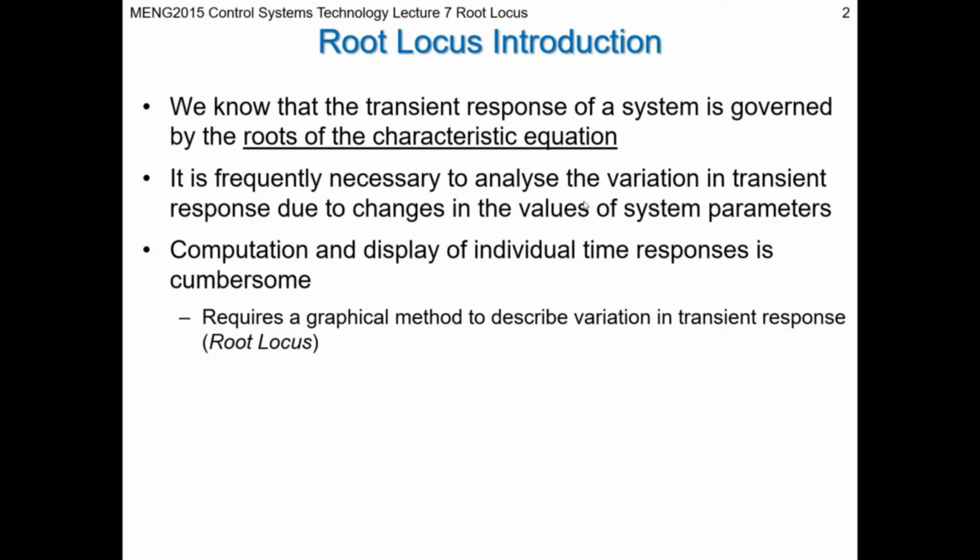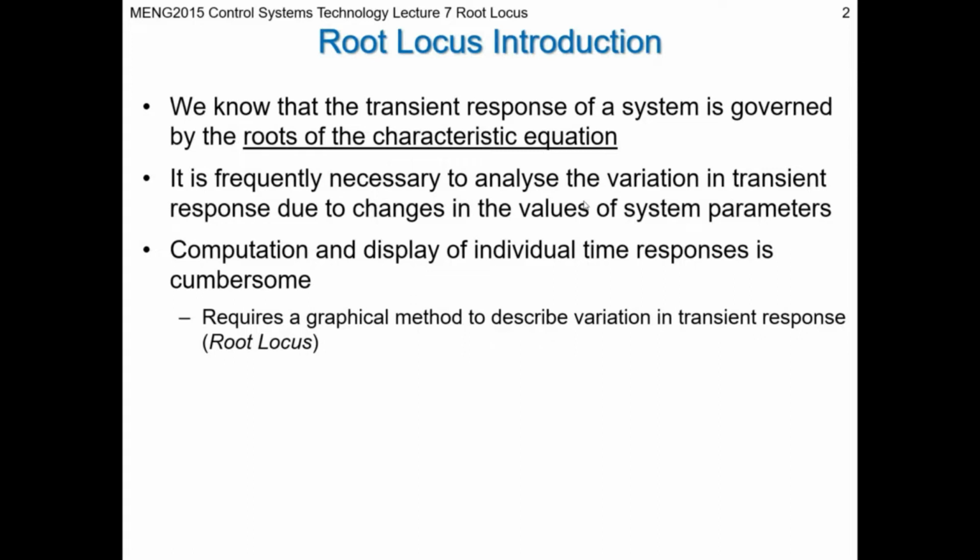Computation and display of individual time responses is cumbersome. If you say, okay, I want to try 3 different values of gain, just using a proportional gain in my system, and I want to plot the time response of each value. I want to find out what's the rise time, what's the peak overshoot, what's the time to that peak overshoot, what's the settling time. These are the standard characteristics of our time response that we might be interested in.